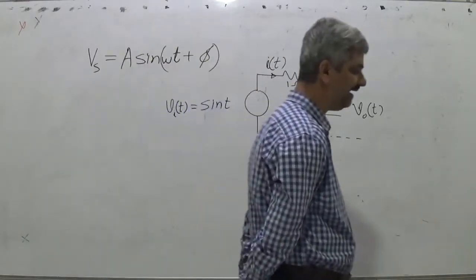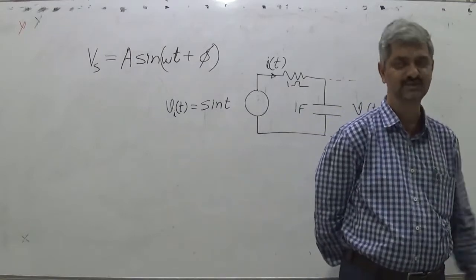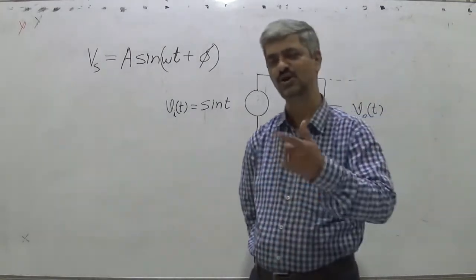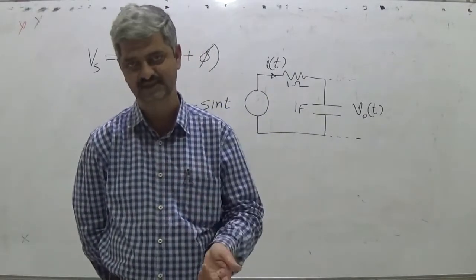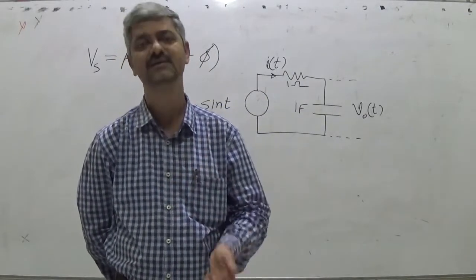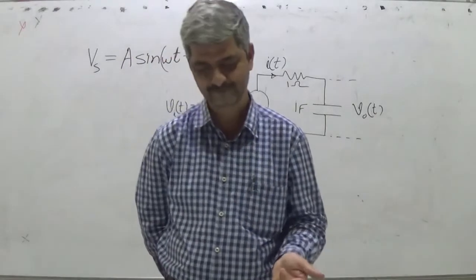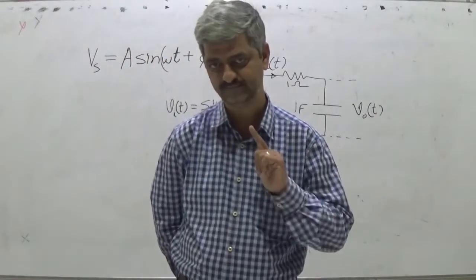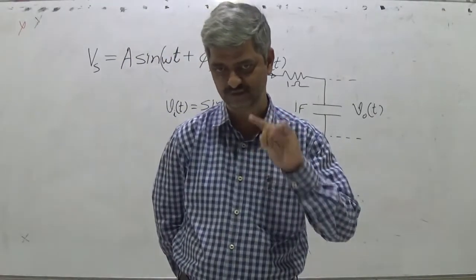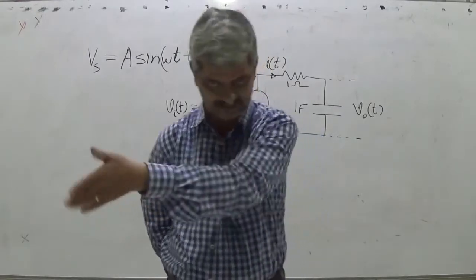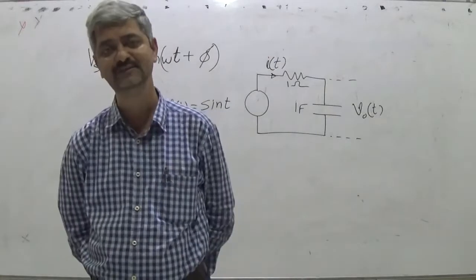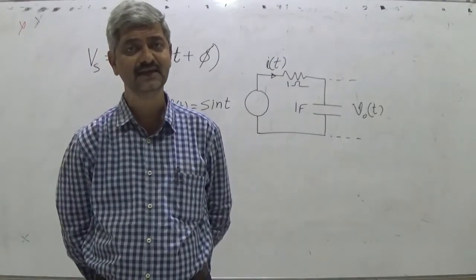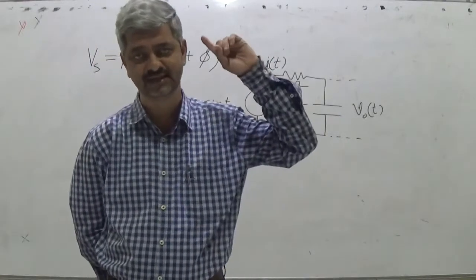We take help of an assumption which I had told you: in an RLC circuit, RC circuit, RL circuit, LC circuit, when the input is a sinusoid, when it acts on a sinusoidal excitation, everything in the circuit is sinusoidal.